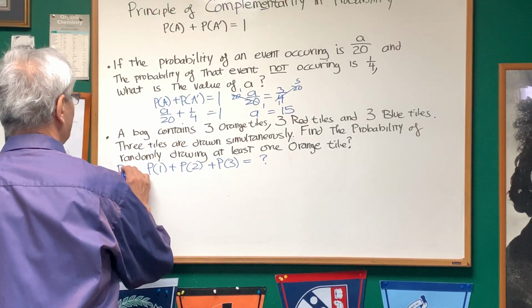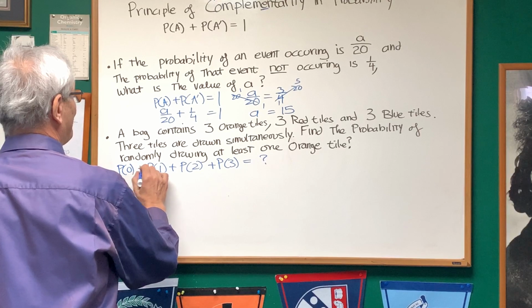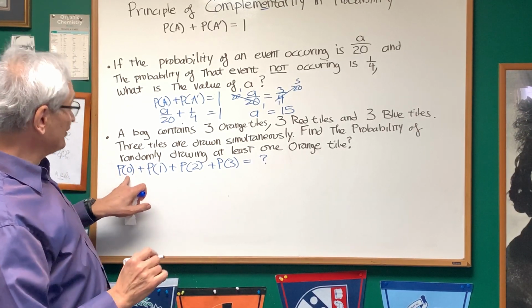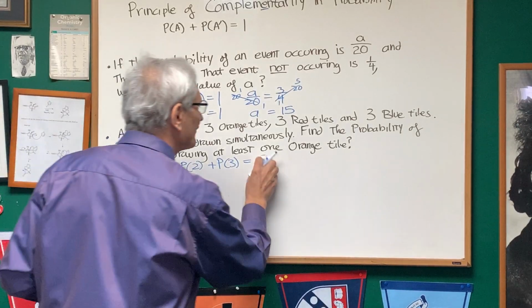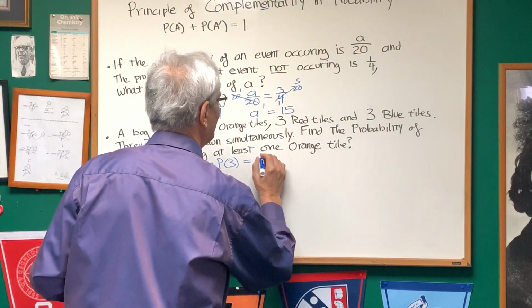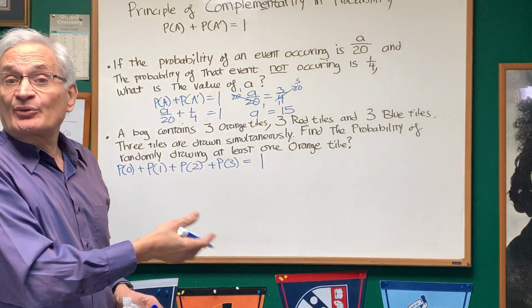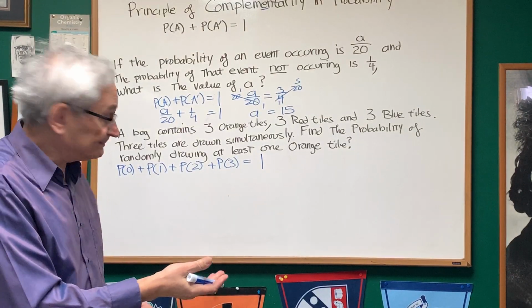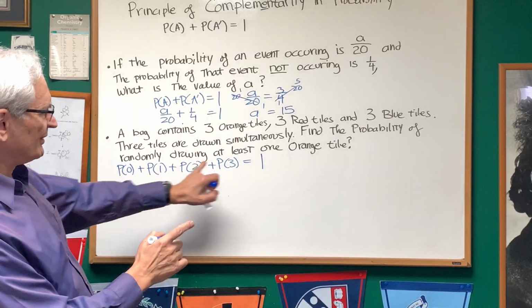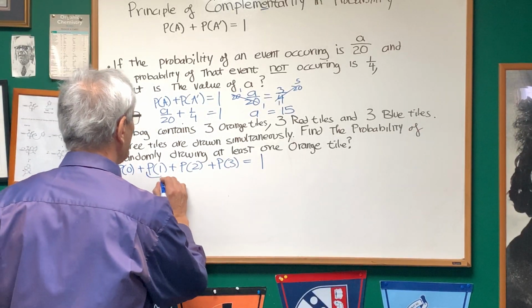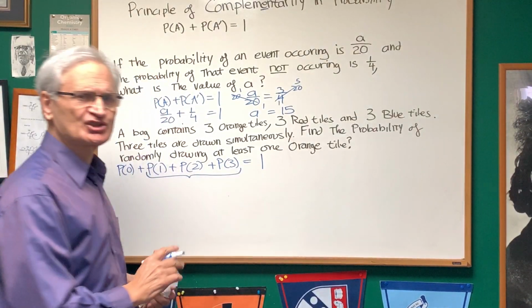So if I add that to the probability here, the probability of 0 or 1 or 2 or 3, well, it's a certainty that one of those is going to be the outcome, so those probabilities all add up to 1. What we're looking for is the probability of randomly drawing at least 1 orange tile, the value of this expression.